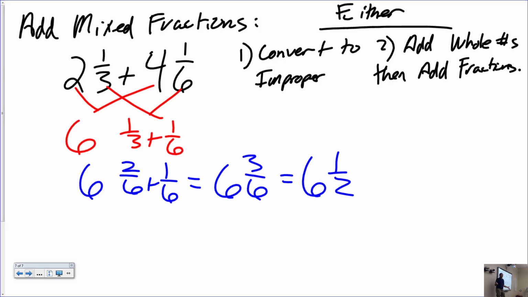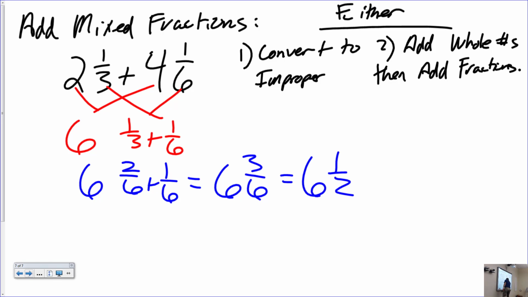Okay, not bad. Again, I'm perfectly happy either way you go about doing things. If you want to just convert everything to an improper fraction because it makes everything safe and easy, I'm good. But that was equally as easy.